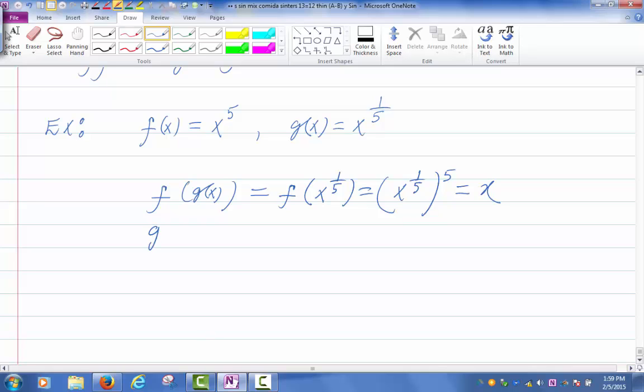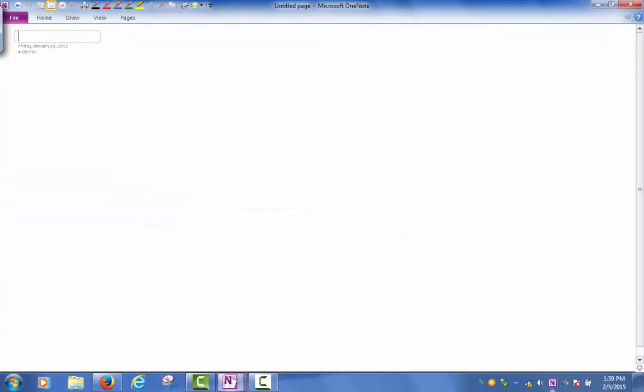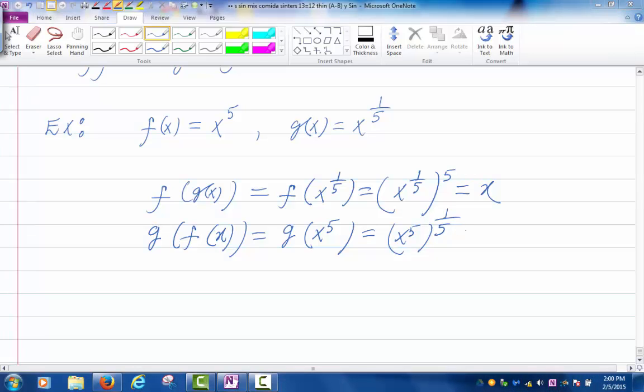And then when you apply g of f of x, you basically get g of x to the 5, which is x to the 5 to the 1/5, because the function g is basically taking the fifth root of the input, so I get x back again.